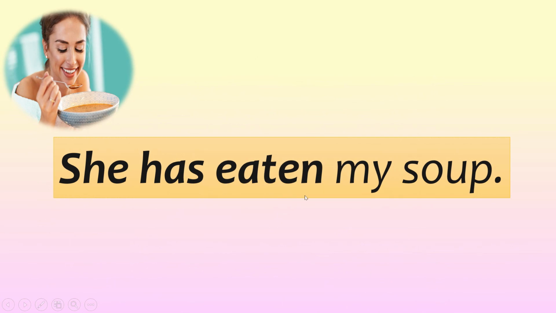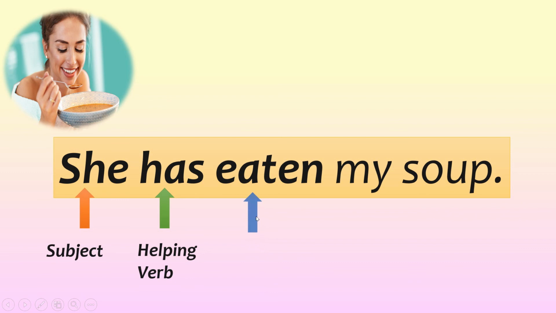Let's take a look at this one. She has eaten my soup. She is the subject, has is the helping verb, and eaten is the main verb. So this is the present perfect form. The present perfect form always takes has or have after the subject.